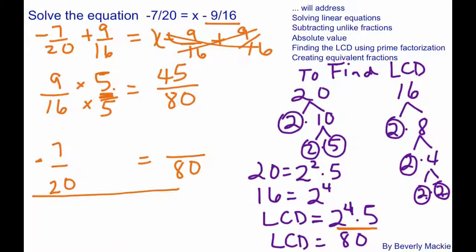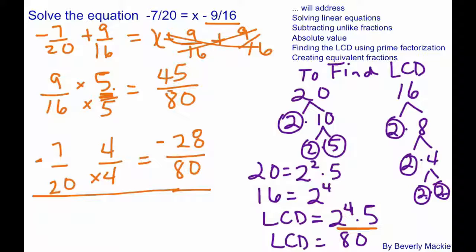The next fraction, 7 over 20. 20 times what will give me 80? 4. So I multiply my numerator by 4 as well. And 7 times 4 must be a negative 28. We have just created equivalent fractions.